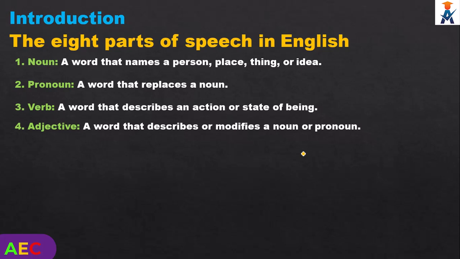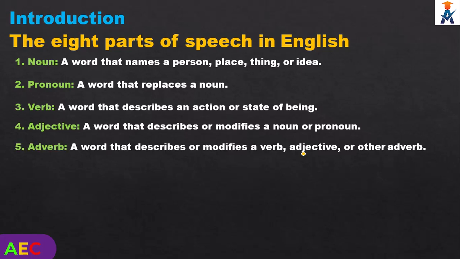In other words, an adjective gives additional meaning to a noun. Adverb. An adverb is a word that describes or modifies a verb, an adjective, or another adverb, except a noun or a pronoun.